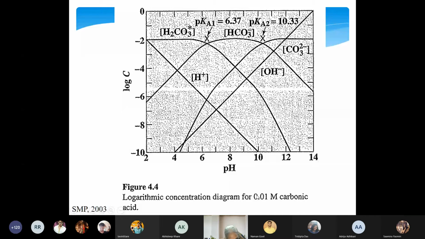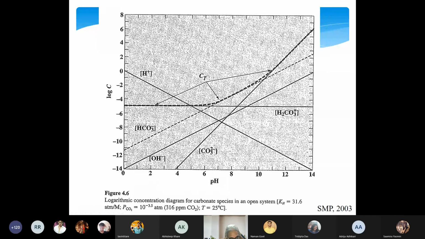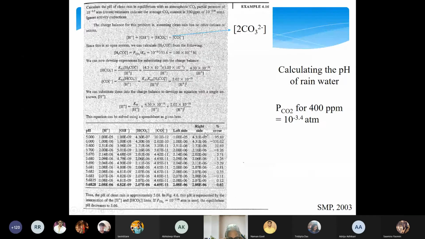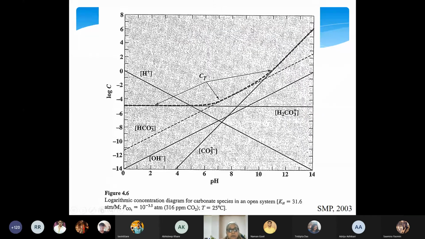They know how much carbon they are adding into the system, right? So there, CT is defined. But in the atmosphere, CT is not predefined. So here, CT has to be calculated.